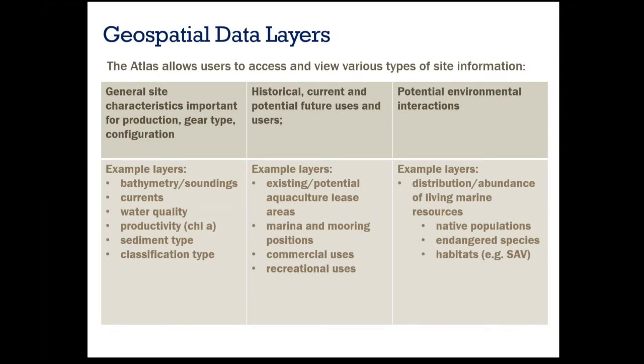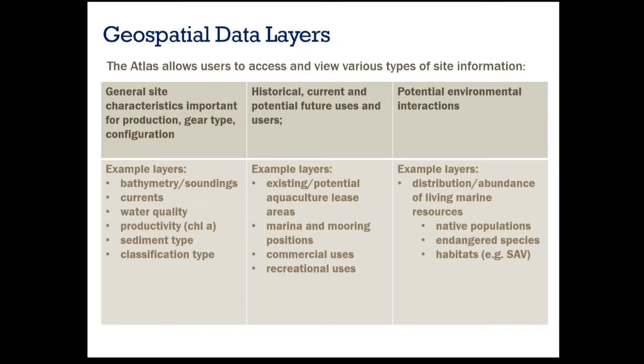The Atlas has a ton of data, and it's actually growing every year. We add to it. There's general data that sort of give us an overview of the sound, of water quality, and sort of base map layers.